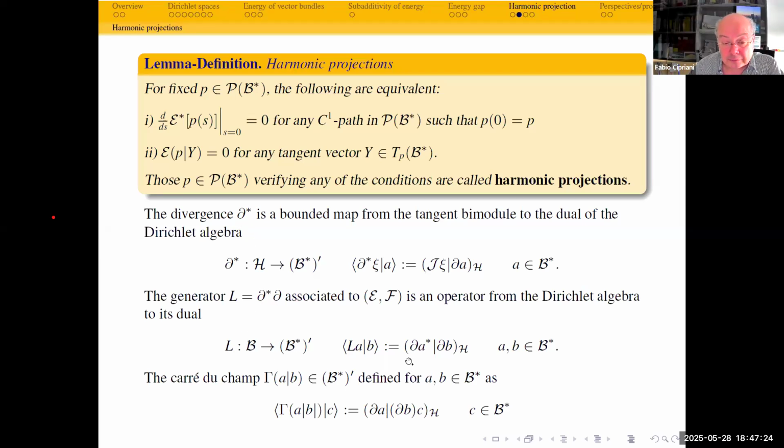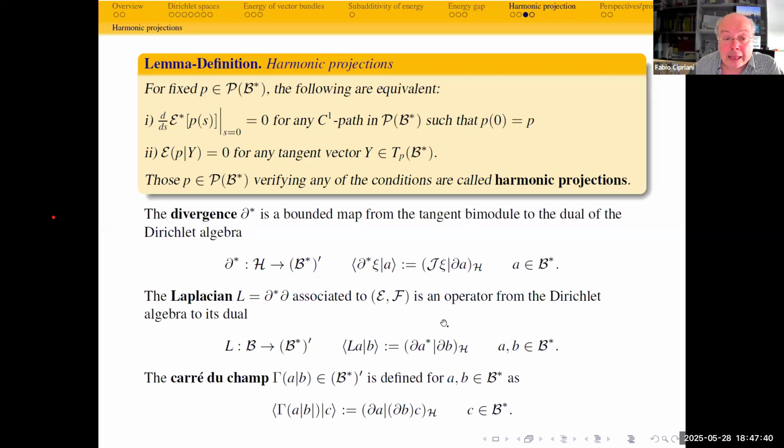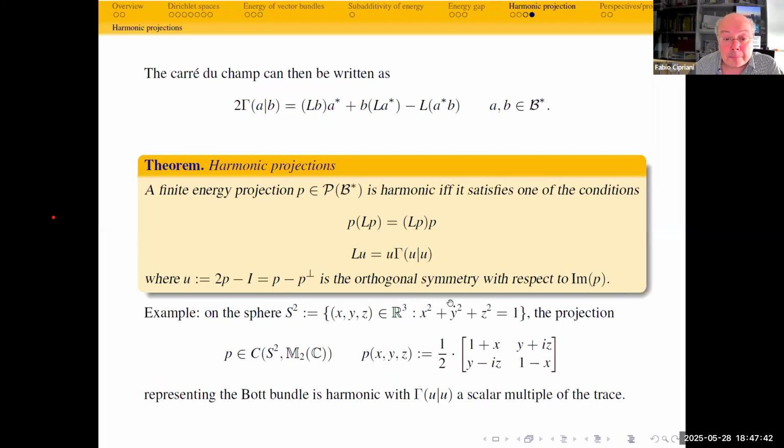One can consider the divergence operator, the Laplacian. It is better for these purposes to consider the Laplacian between B star and the dual of B star, and one verifies that a projection P is harmonic if and only if it satisfies this equation.